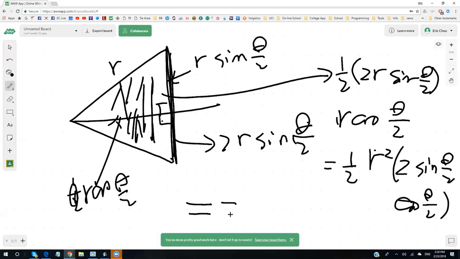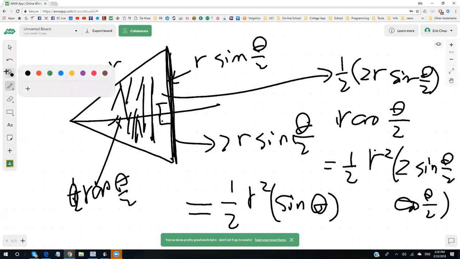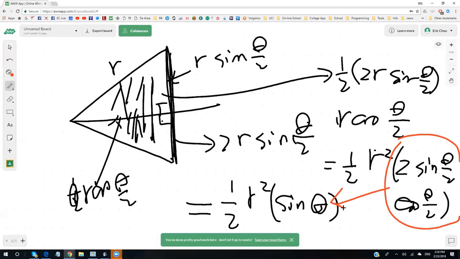This is actually half r squared sine theta, because this part equals sine theta.